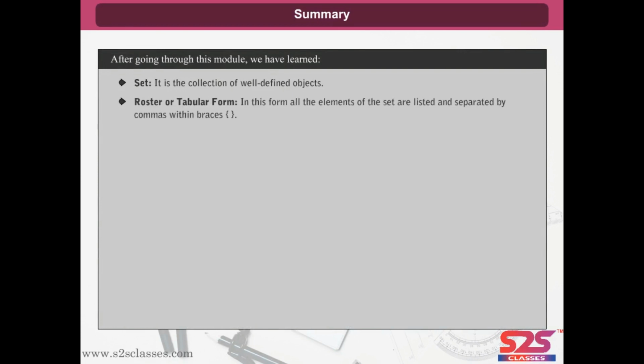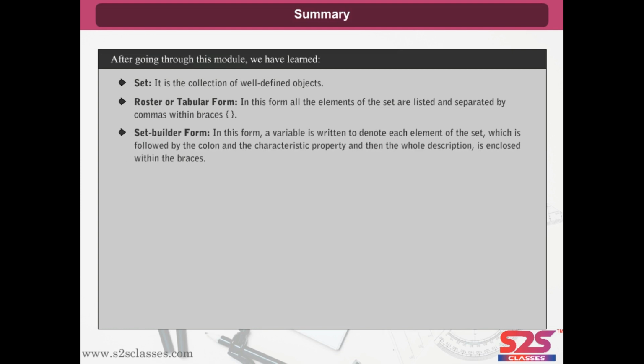After going through this module, we have learned set. It is the collection of well-defined objects. Roster or tabular form. In this form, all the elements of the set are listed and separated by commas within curly braces. Set builder form.